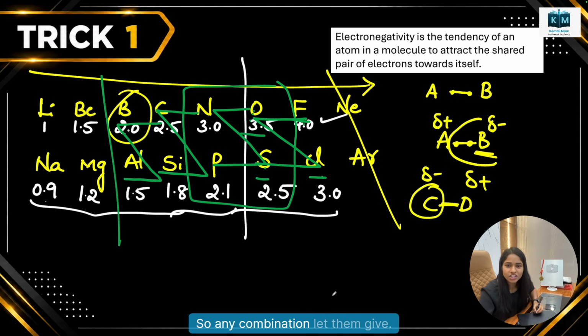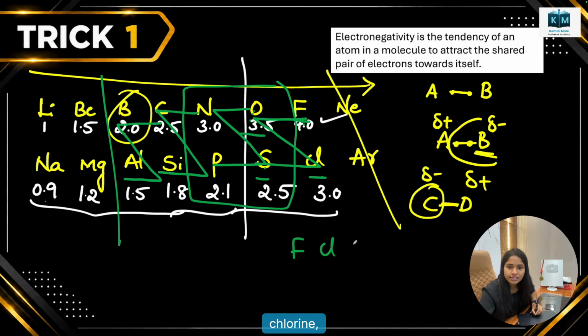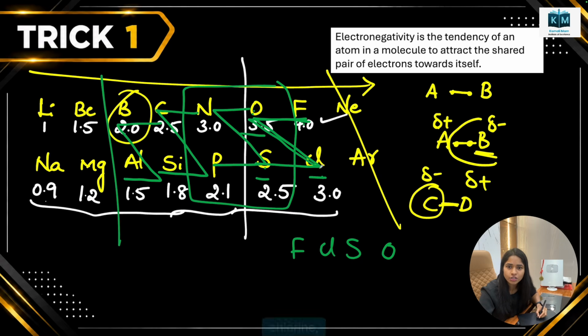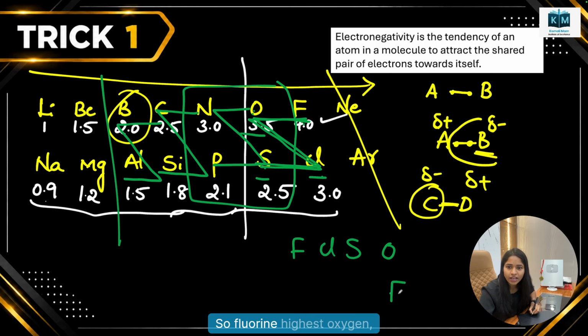Any combination let them give. For example, they mix fluorine, chlorine, sulfur, oxygen. If you don't remember these electronegativities, I'm telling you a simple trick: fluorine, oxygen, chlorine, sulfur. Fluorine highest, then oxygen, chlorine, and then sulfur. Easy.